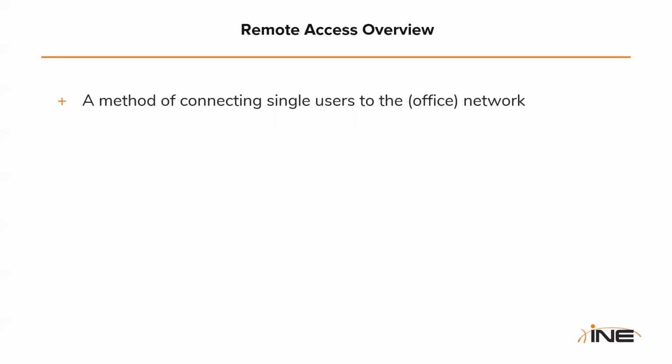It's a method of providing access to individual users through this logical type of connection known as a VPN. Because a VPN is a logical connection. This is something that we will build over someone else's network. In most cases, it's going to be the public backbone, the internet.